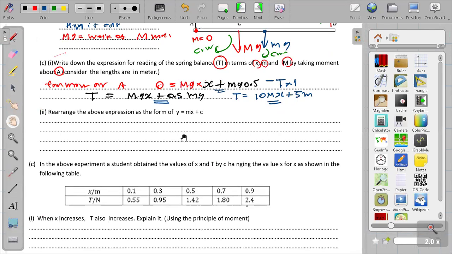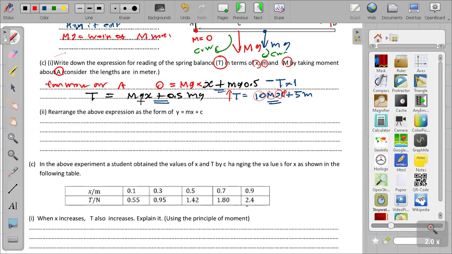Now rearrange the above expression in the form of y equals mx plus c. Now tell me what is the changing variable? You can see T will differ accordingly, and x also differs, but this 10 and m are not changing.